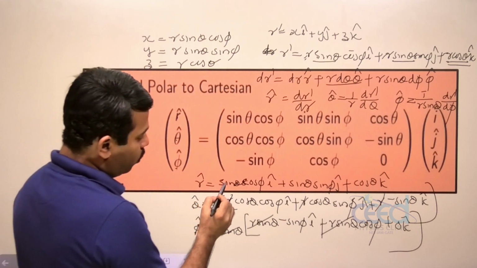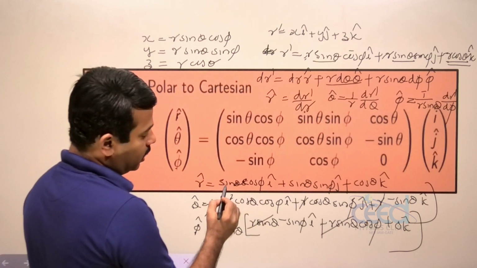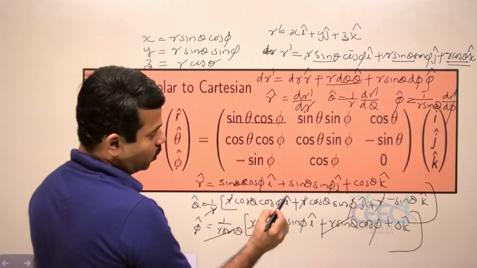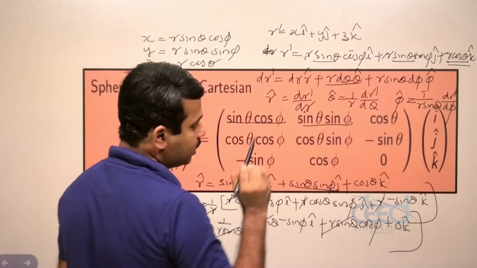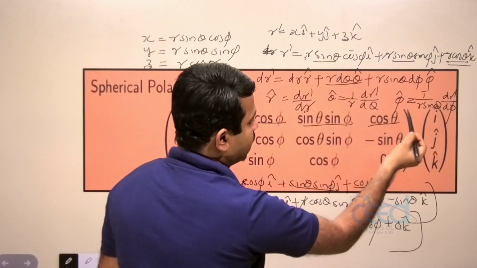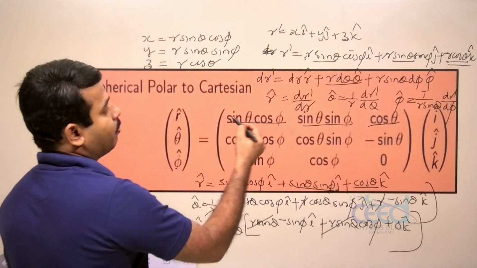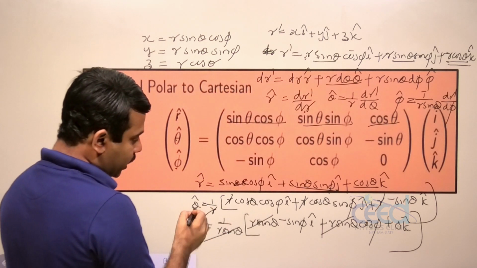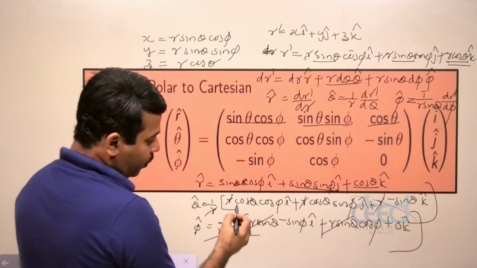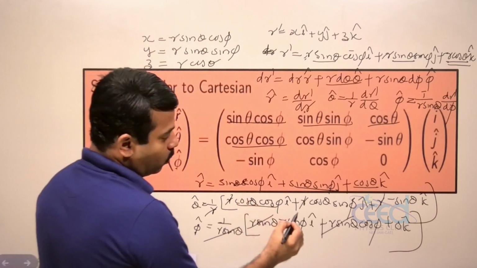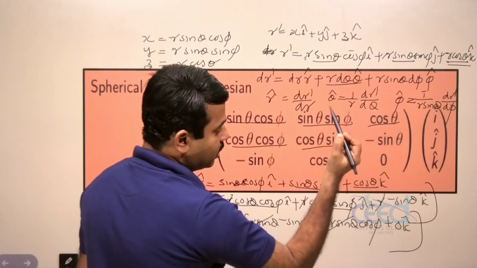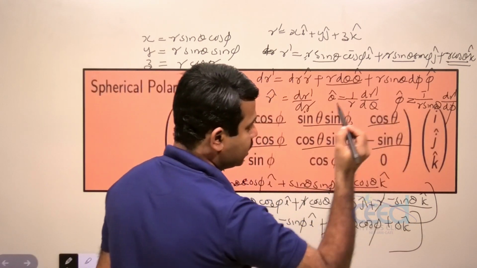Now you can easily write it in matrix form: r cap, theta cap, phi cap. What is the coefficient? First, the r cap coefficients: sin theta cos phi, sin theta sin phi, cos theta. Now the theta cap coefficients: cos theta cos phi, cos theta sin phi, minus sin theta.